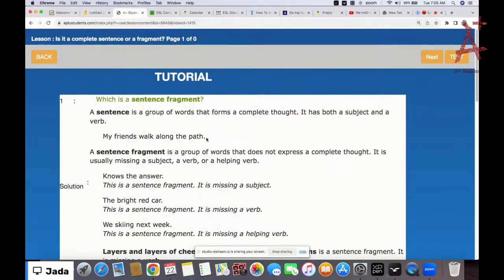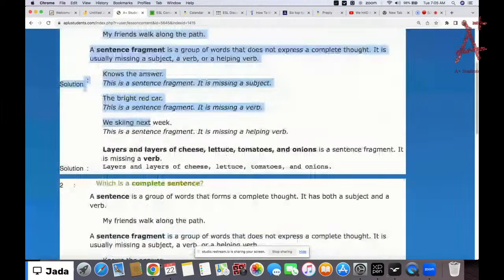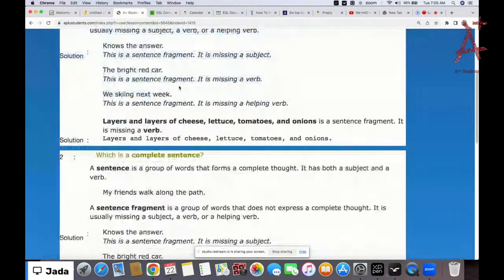Now, the next one says, the bright red car. It's a sentence fragment because it's missing a verb. If it just says the bright red car, what happened to the bright red car? Is it moving, stopped, or what's going on? We have no idea. So this one is missing a verb. Then we have: we skiing next week.